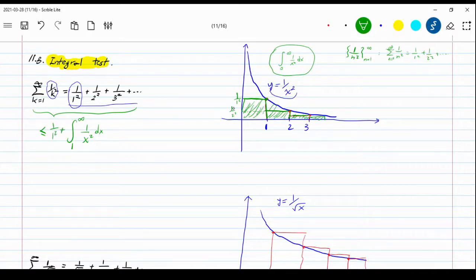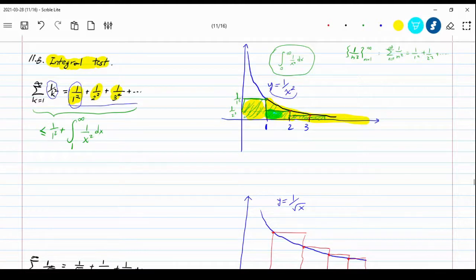Just because I don't want to deal with 0, where we have infinity as the y value, let's avoid that, meaning you approximate the area under the curve plus this specific square. And that is still larger than this summation, because each of those squares is exactly one of these terms.